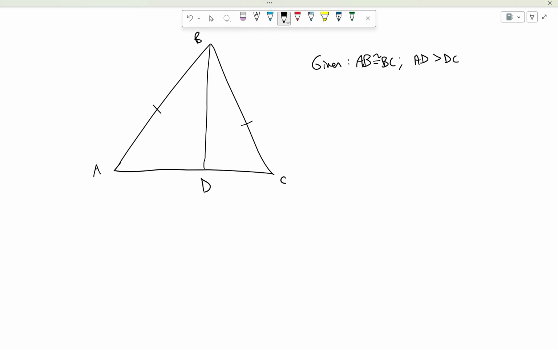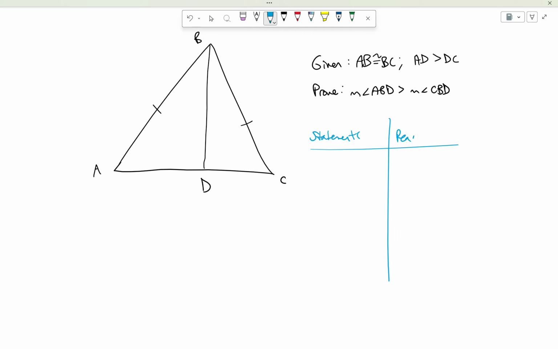So the thing that we're going to have to prove, being explicit and taking all the steps, even though I think you guys are going to see it right off the bat, is that the measure of angle ABD will be greater than the measure of angle CBD. Okay? We have our two columns: the left column is statements, as always, and the right column is reasons, as always.